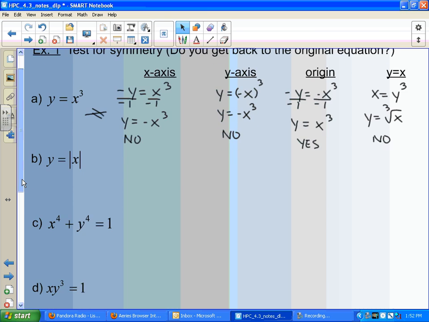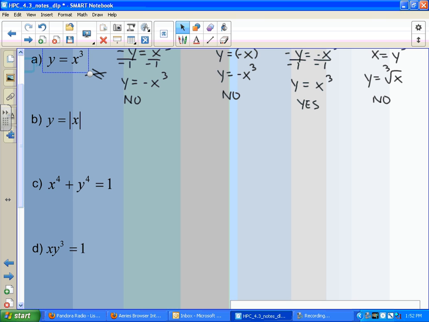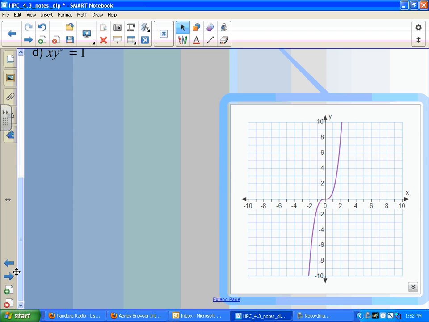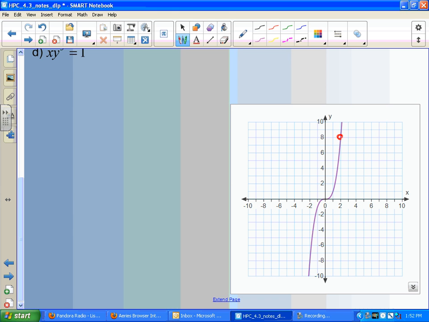Okay, here we go. There we go. There's our beautiful graph. Now, for those of you who thought there might have been symmetry around the x-axis, if there was, just pick a point, for example, that point right there.